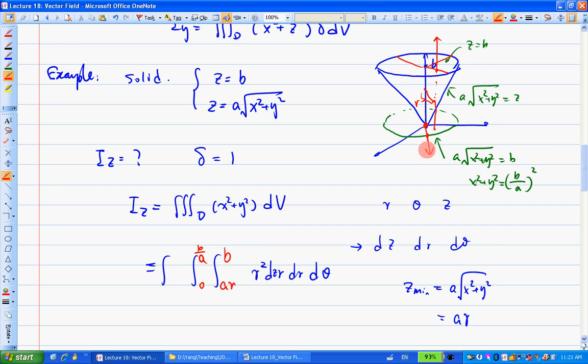Last step, you sweep this radial line across the whole shadow, so theta goes from 0 to 2 pi. That's the setup, and it definitely looks much easier to calculate this integral than with Cartesian coordinates.